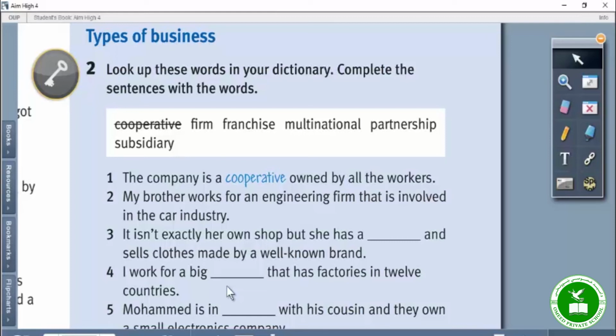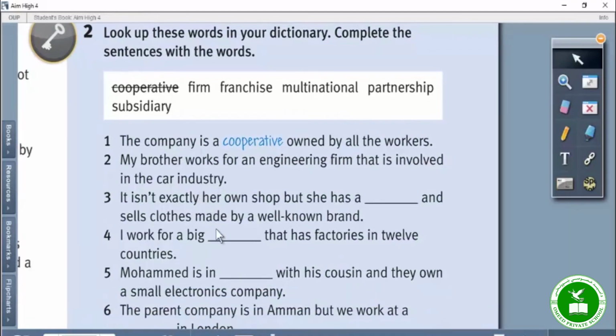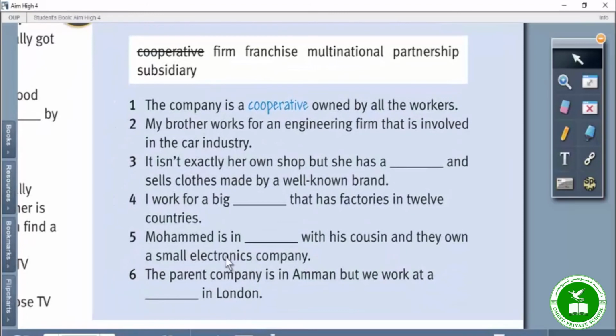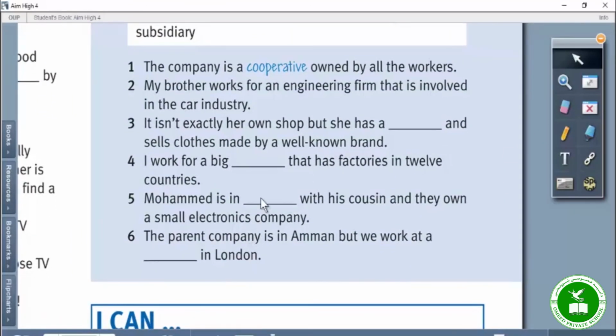Yes, I work for a big multinational that has factories in 12 countries. So number 4, multinational. Number 3, franchise. Number 2, firm. Okay, the others are your homework.